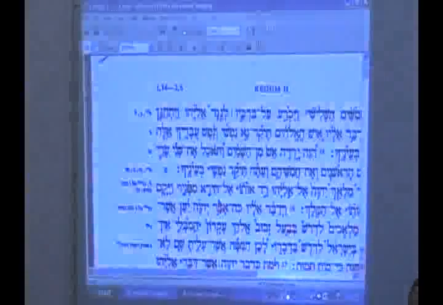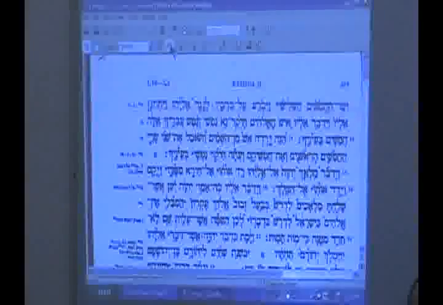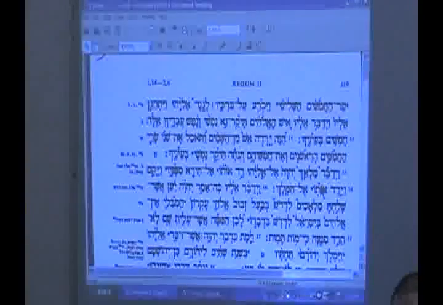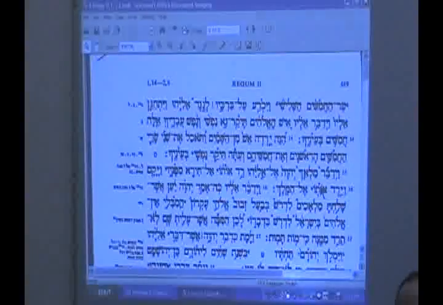Okay, I'll put the text up here, and I'm going to also open my Bible here so we can read it, and then after we read it, we will look at it given those issues that I mentioned.